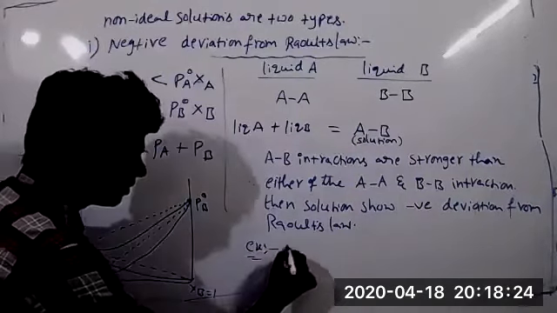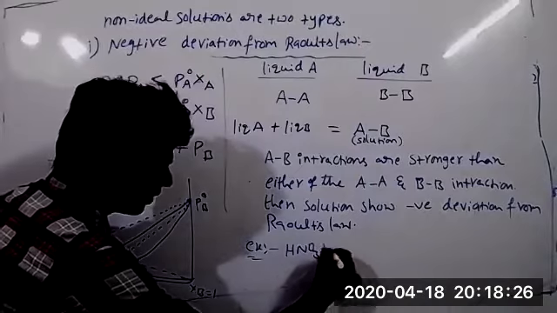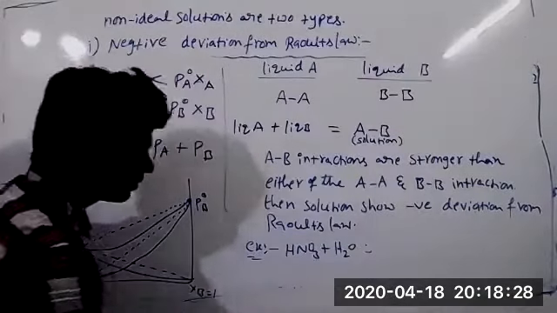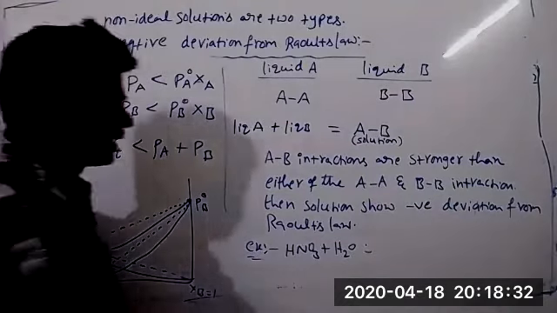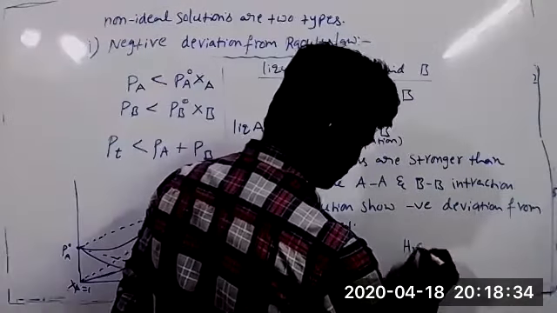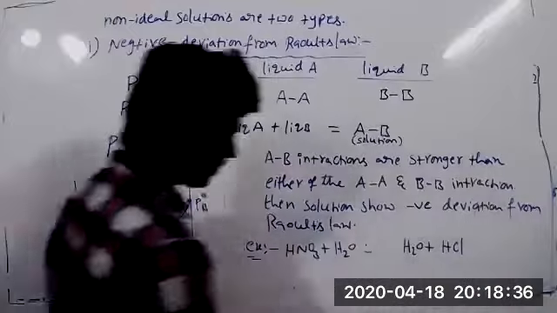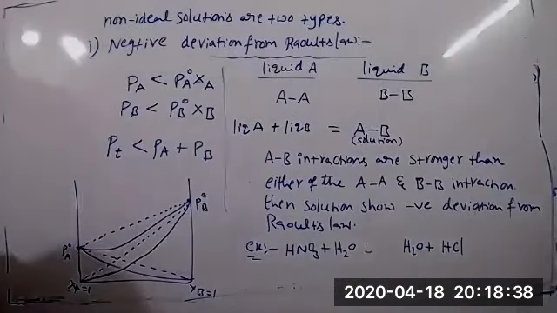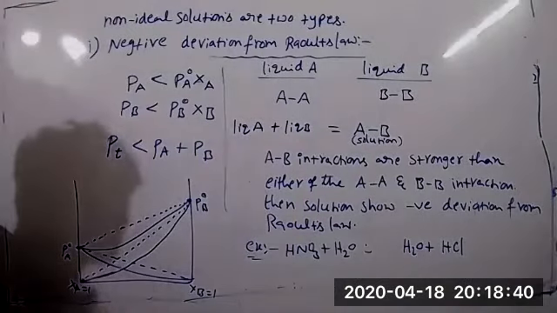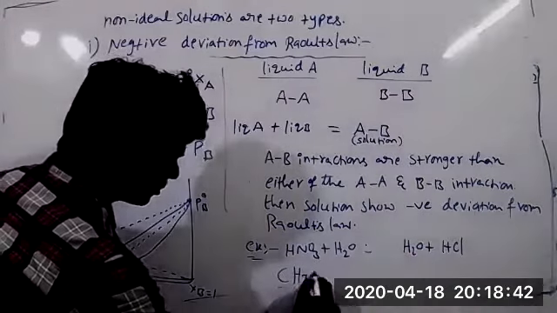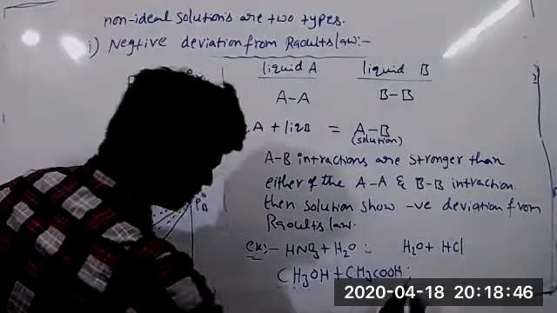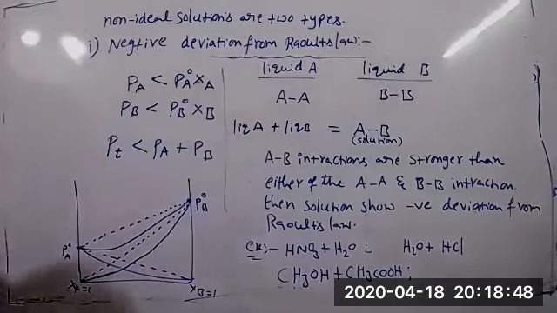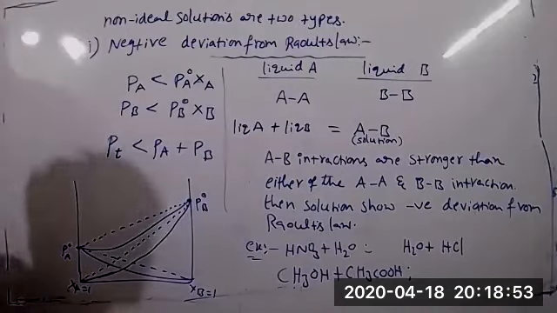Examples: nitric acid and water, water and HCl, methanol and acetic acid, chloroform and benzene.